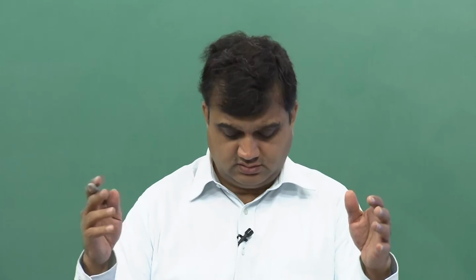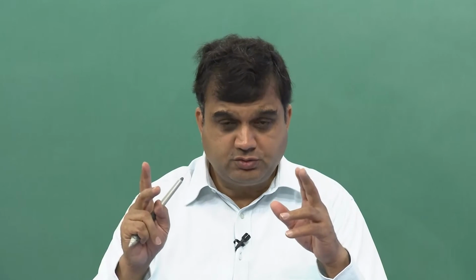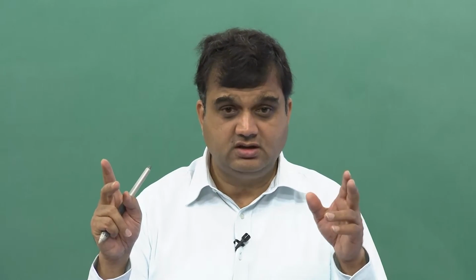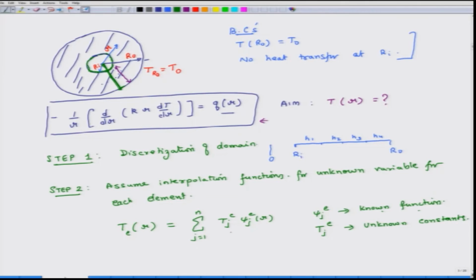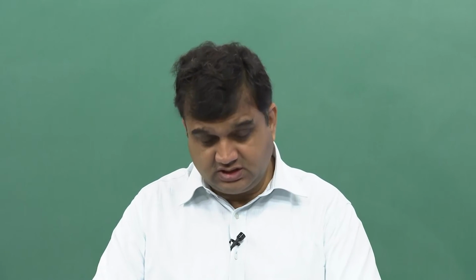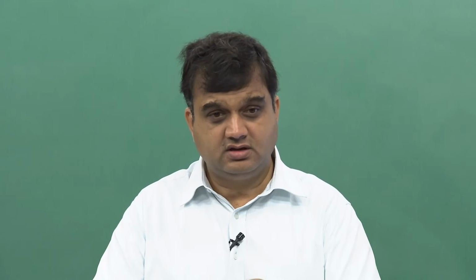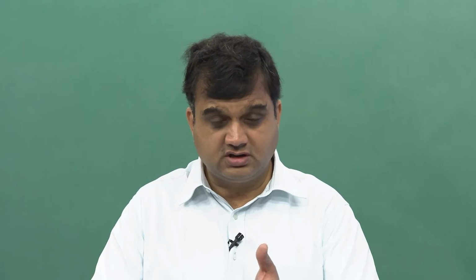Then it is a sum of two smaller functions: the first is a, and the second is bx. Here a is unknown, the same as Tj, and 1 is the known function psi j. In the second function, b is unknown and represents Tj, and psi j is x, which is a known function.